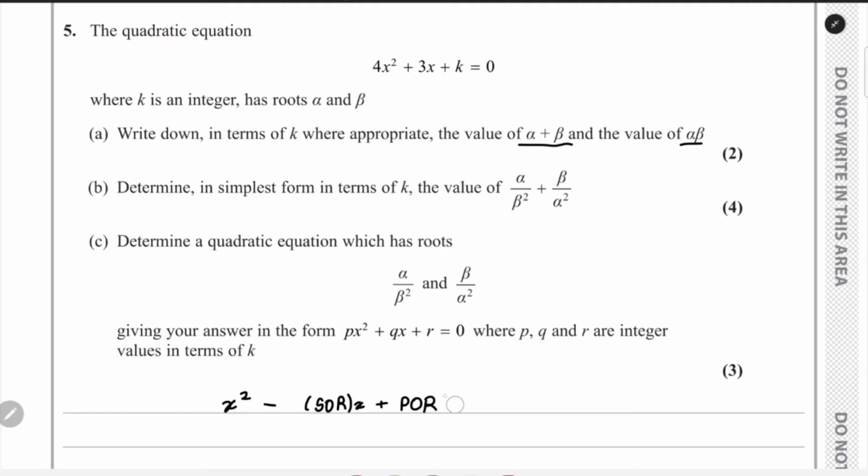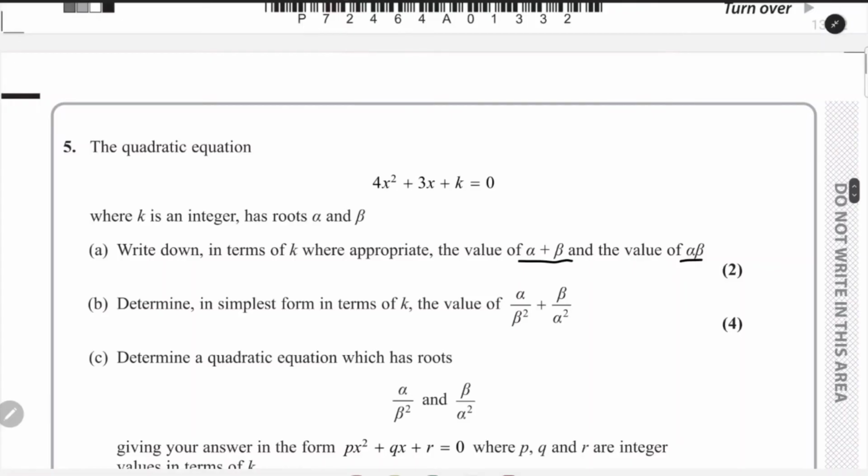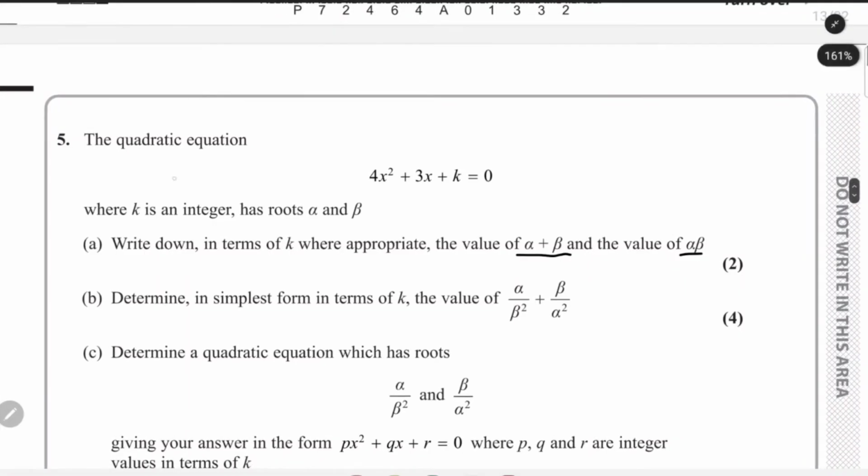Here alpha and beta are the roots, so the sum of roots is alpha plus beta, the product of roots is alpha times beta. Now slight issue over here, it doesn't begin with an x square, so I have to divide everything by 4. So I'll get x square plus 3 by 4 x plus k by 4 equals 0.